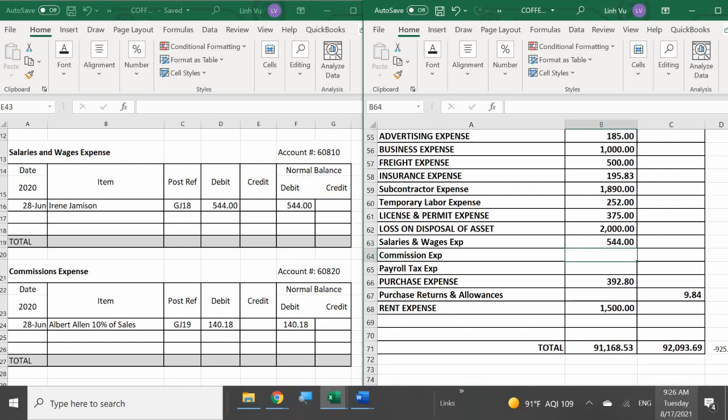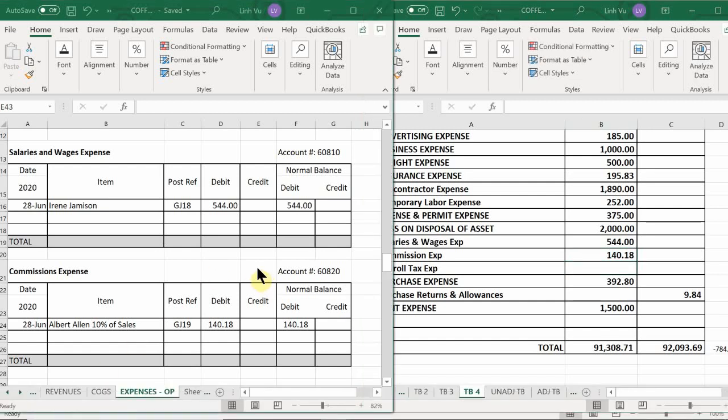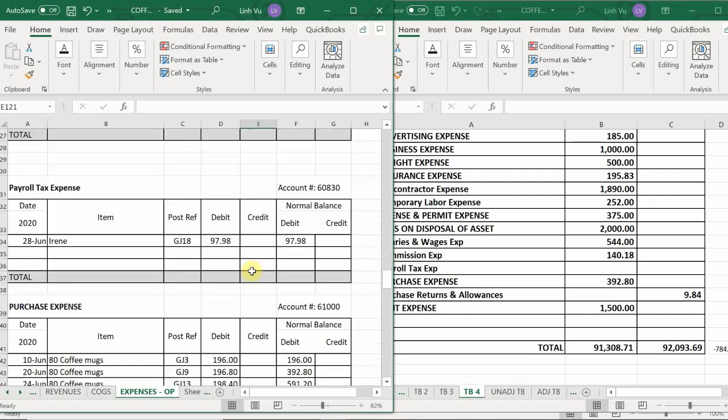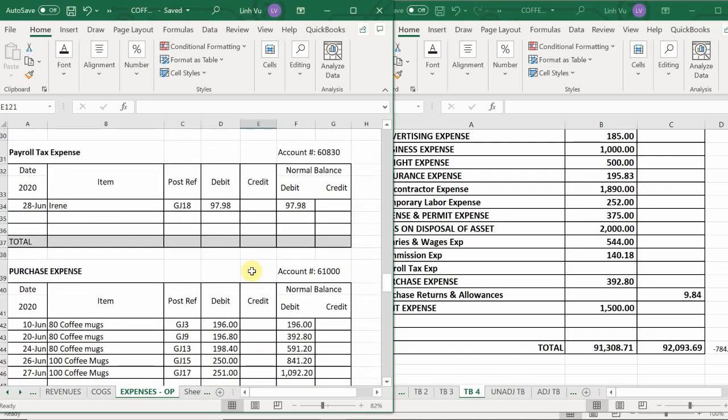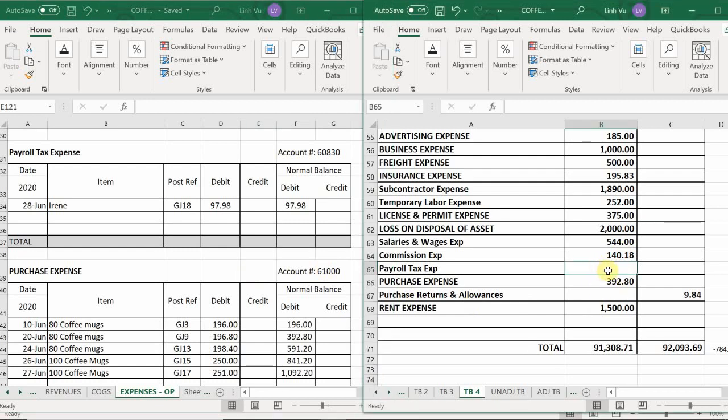Commissions expense, 140.18. Okay. And then our payroll tax expense is for $97.98.